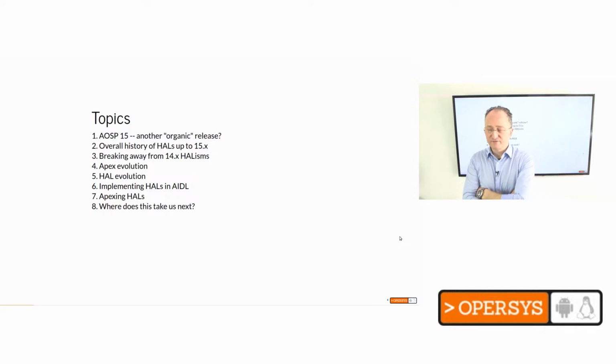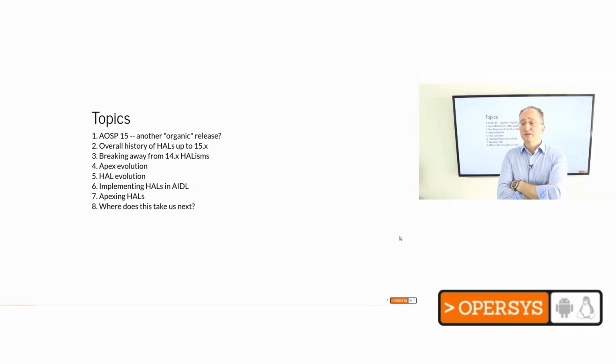It's just that I've never bothered to sit down and do a walkthrough of that over live stream, and I think maybe this is a good opportunity since I'm already also covering the other thing that seems to be happening in HALs in 15, which is the apexation or apexization, however you want to verb or pronounce it. So in other words, the conversion of HALs into APEX files. And the AIDL stuff is also intrinsic to that, because we are now using AIDL across the board. So might as well cover the whole thing together.